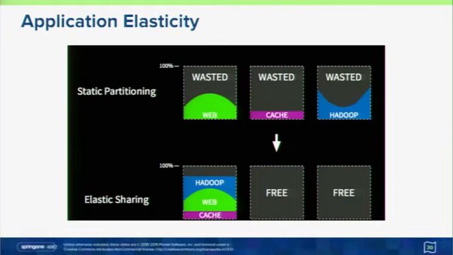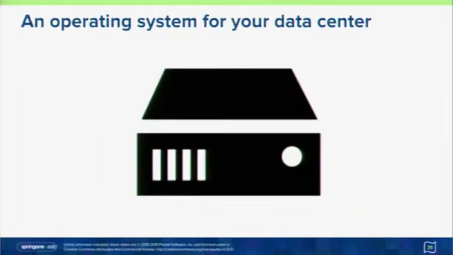We're talking about CPU, RAM, disk, network, right? Fine-grained resources. That's where Mesos comes in. Mesos is basically an operating system for your data center. It takes all the computers that you have and presents it as one big supercomputer, essentially. The word super is in quotes. It depends on how much CPU and RAM you have, but I know for a fact one of the top 200 supercomputers in the world is actually a Mesos cluster, which is kind of cool.